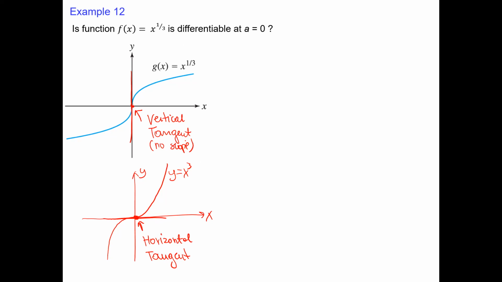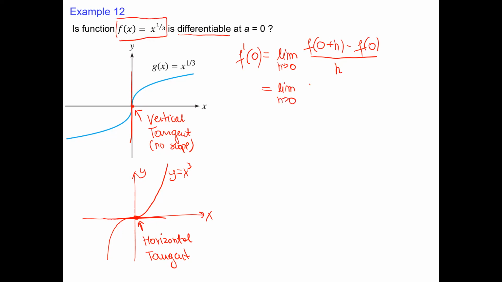That limit is supposed to be undefined. Differentiable means the derivative exists. The derivative at 0 is defined as the limit as h goes to 0 of f of 0 plus h minus f of 0, over h. The function is this, so I will put 0 plus h to the power of 1/3 and 0 to 1/3.